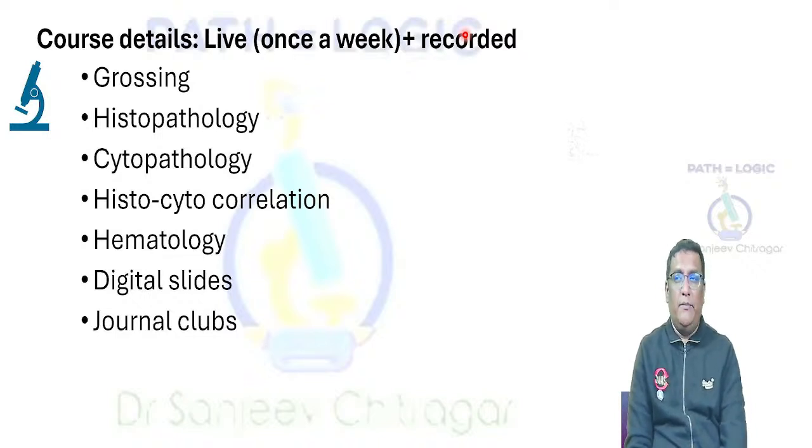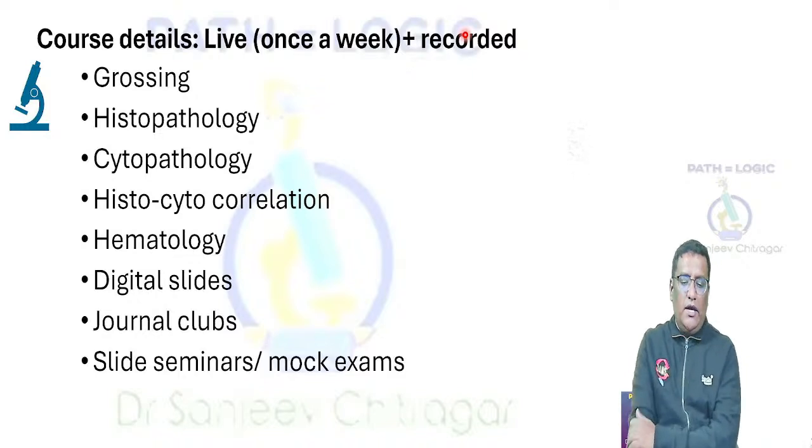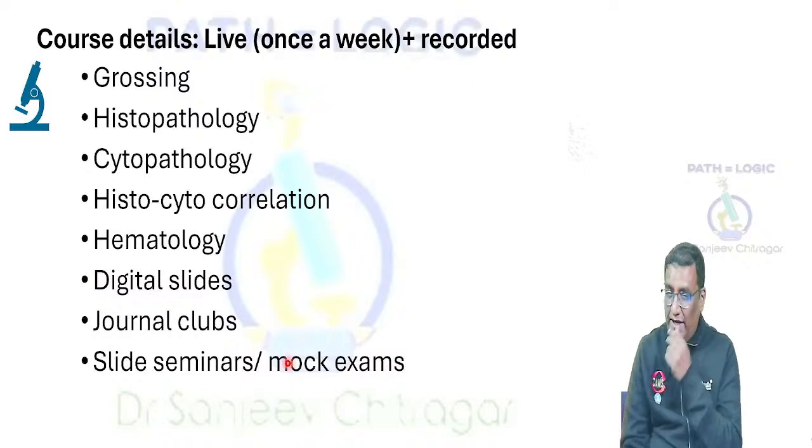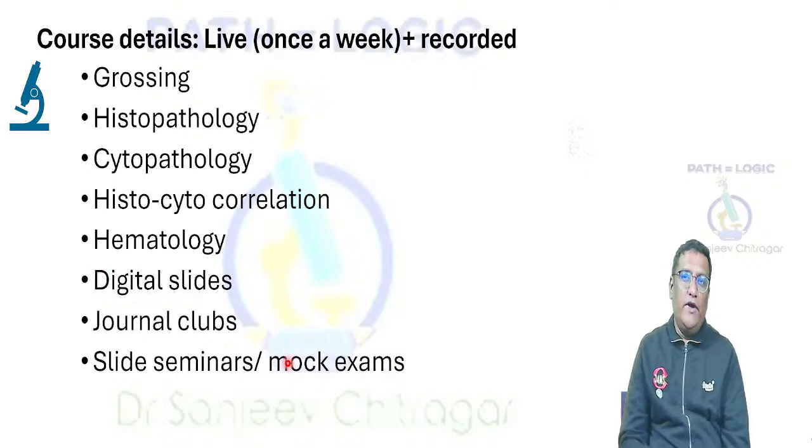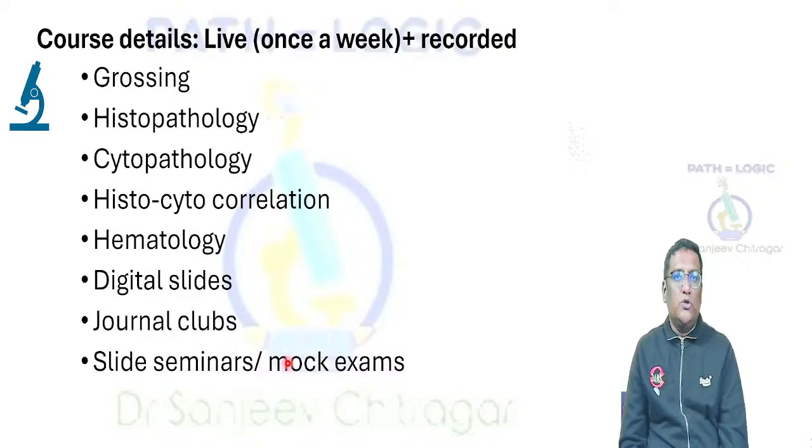In many places journal clubs do not happen. So how to have journal clubs? How do you present a paper? Everything we'll be doing, and then slide seminars and mock exams as well. Mock practical exams will be held, wherein 200 plus exam slides will be given to you, and I will be discussing all the questions that come, the whys, etc. So this is about it.